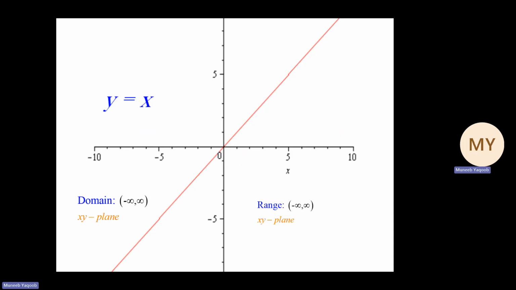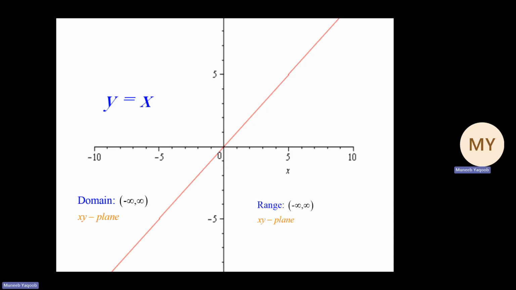Similarly, if we analyze the range of the function, what is the range? Range is the set of all possible output values. If the equation is y equals x, then the output values are the values of y. You can see that the height of this line is not fixed.